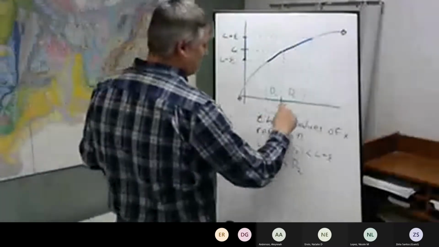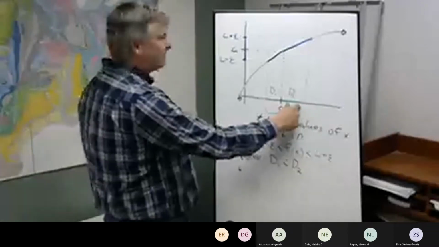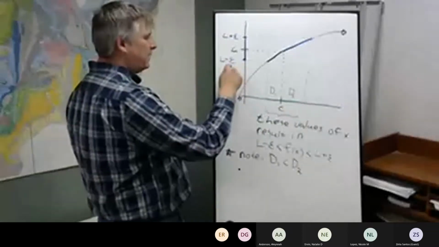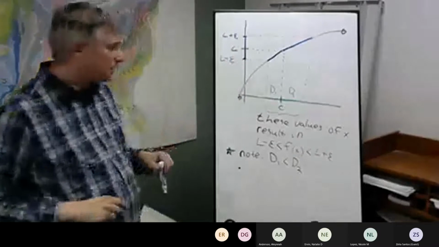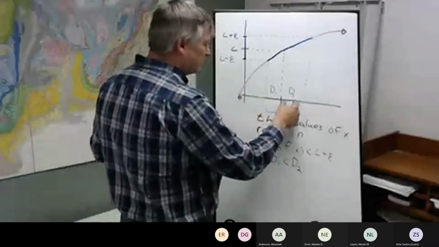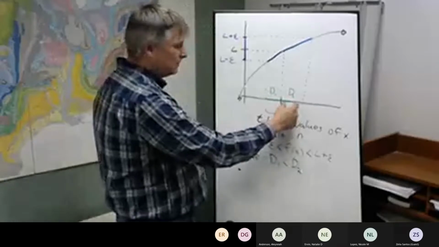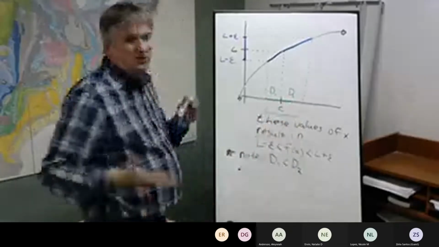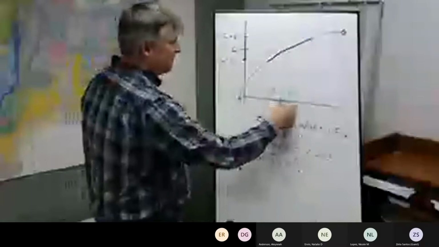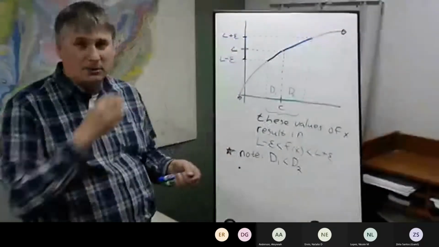If the points all in here give us f values between L minus epsilon and L plus epsilon, well then also values that go only about to here, which is the length of D1, but on the other side of C, those will still give you values of f of x between L minus epsilon and L plus epsilon.